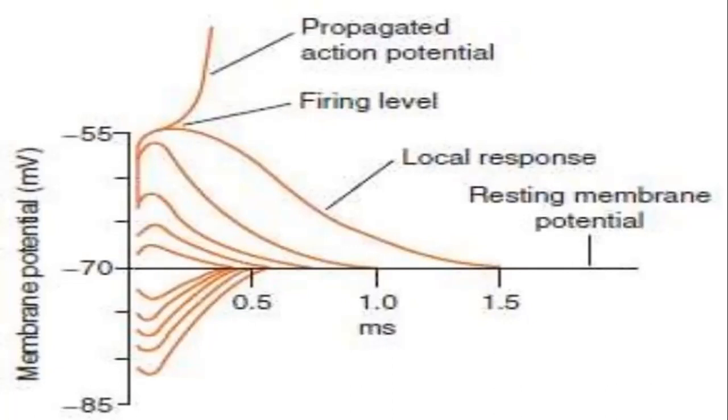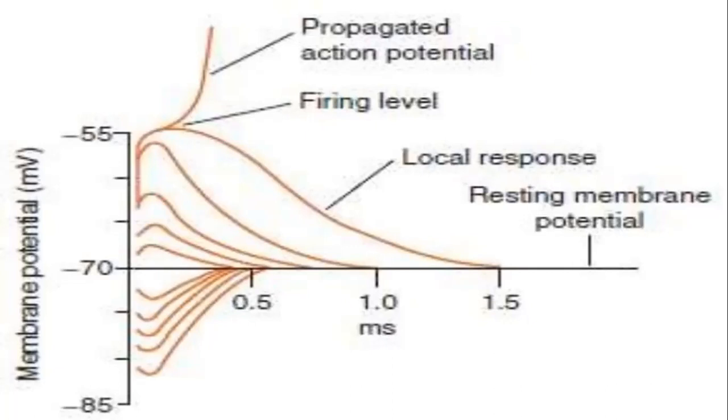Once threshold intensity is reached, a full-fledged action potential is produced. If you further increase the intensity of stimulus, no increment or other change in action potential occurs, as long as the experimental condition remains constant.